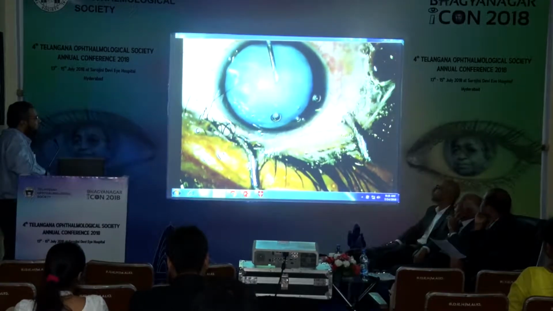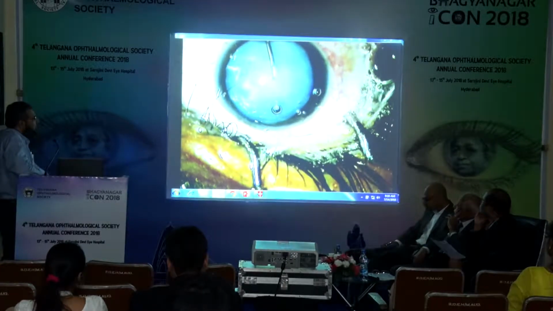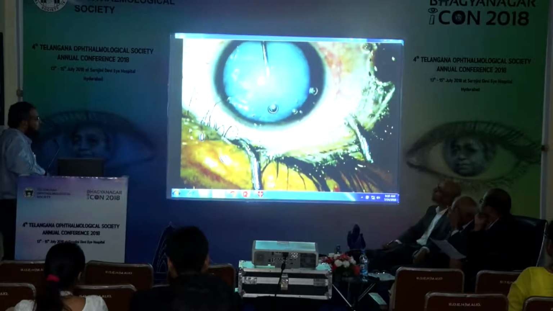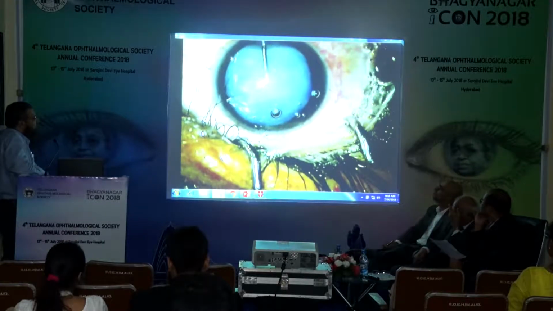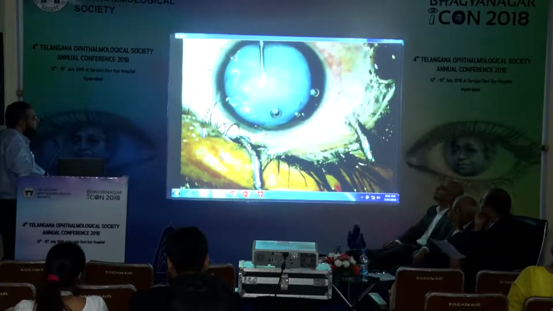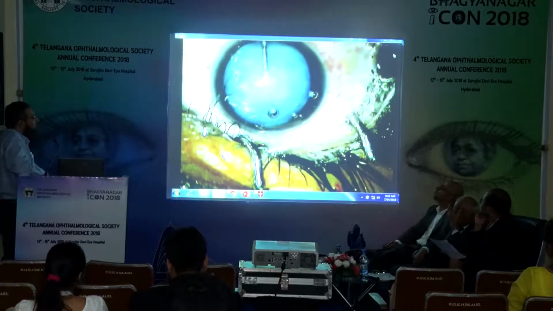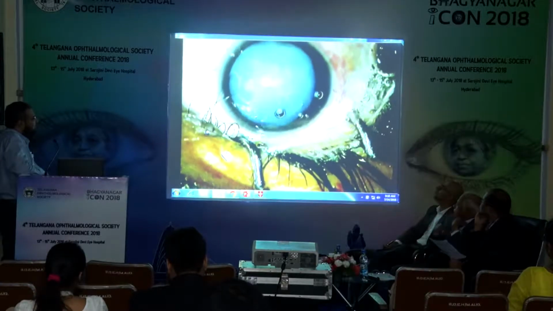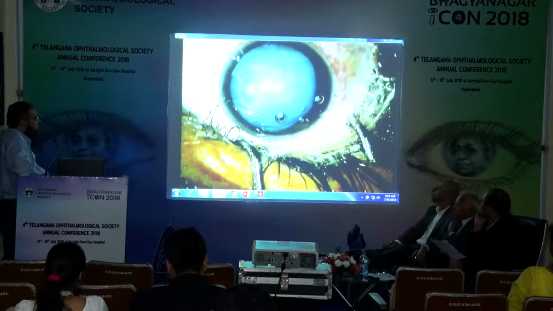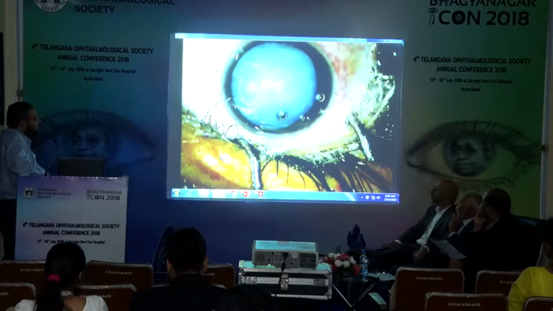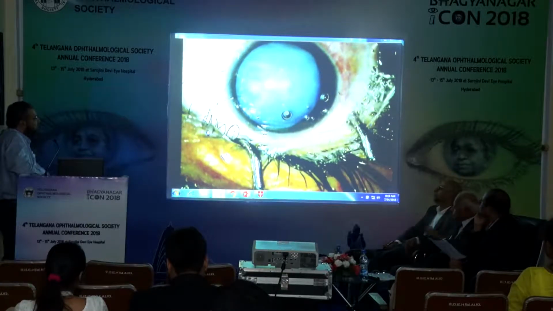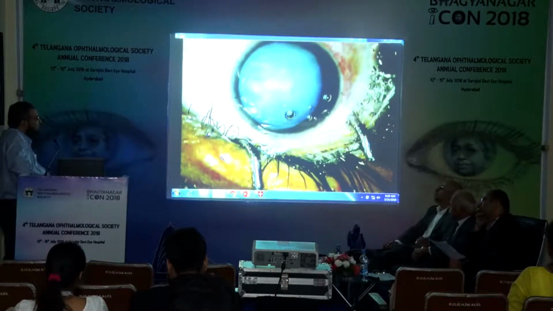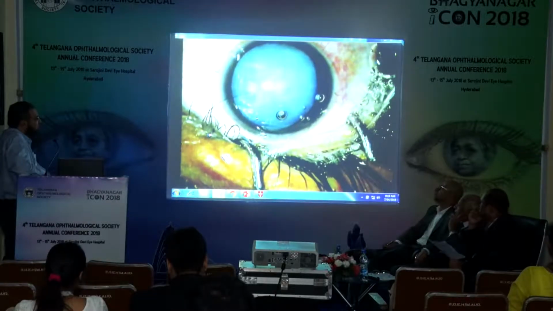Rhexis is initiated with a cystitome. The moment the capsule is punctured, the viscoelastic injection should be very minimal. If excess viscoelastic is injected, it might further stretch the capsule and lead to a tear.